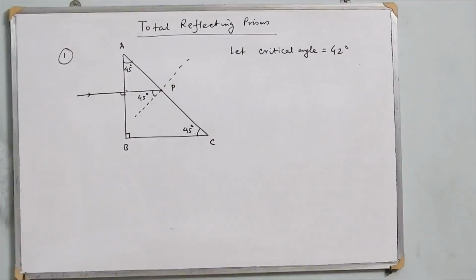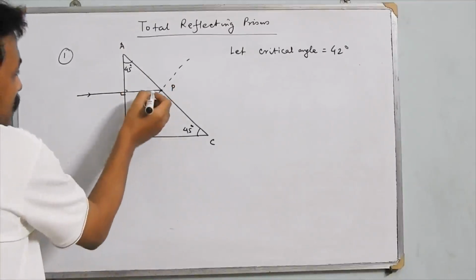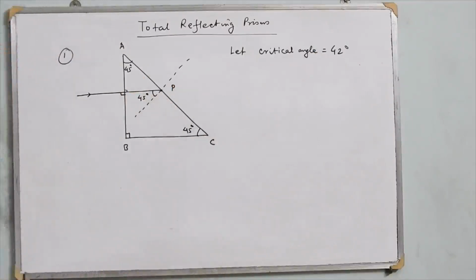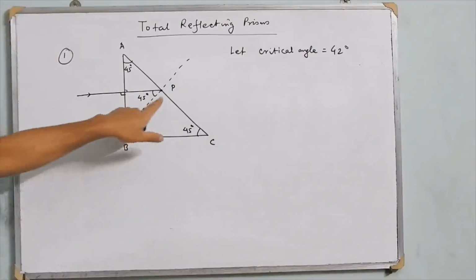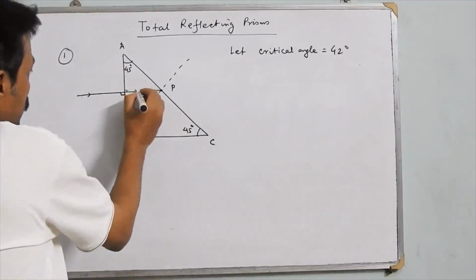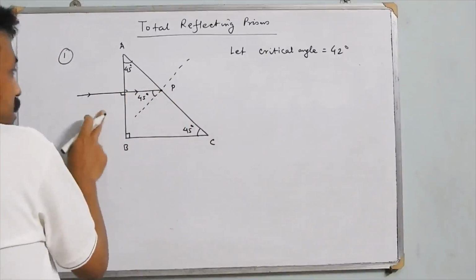Now you see that when this ray of light has propagated up to the point P, the angle of incidence is greater than the critical angle. So if angle of incidence is greater than the critical angle, total internal reflection will occur. Remember that the light is moving from denser to rarer medium. Initially, this is the rarer medium that is here.